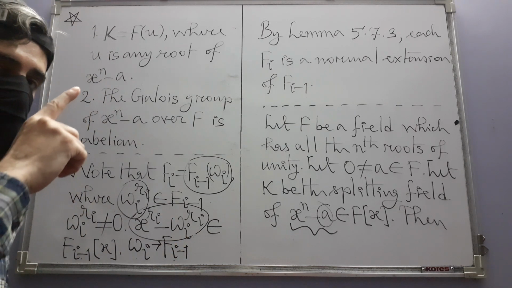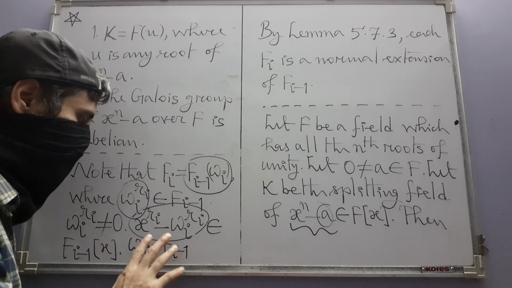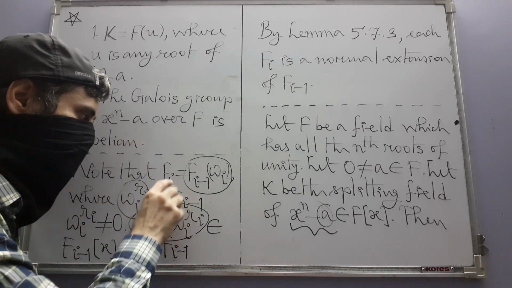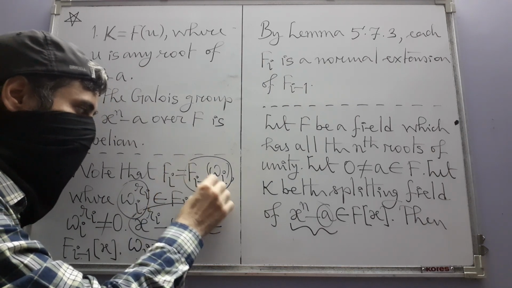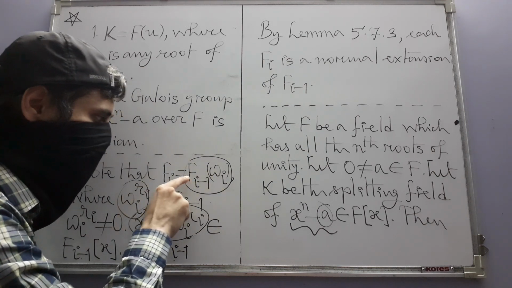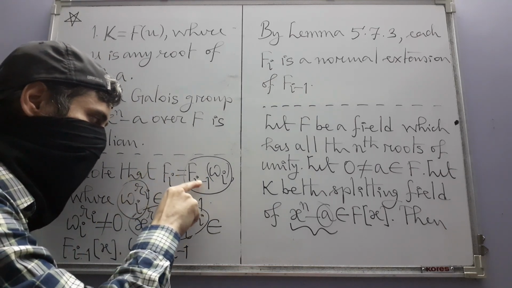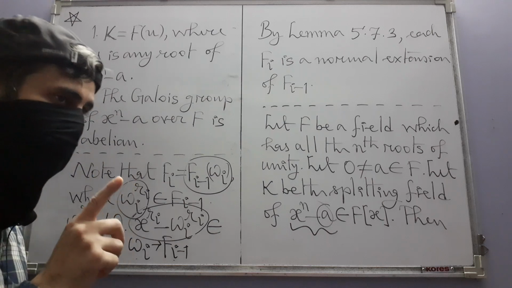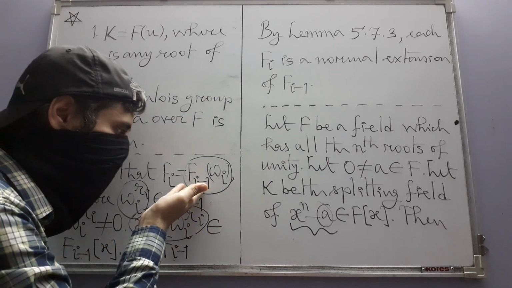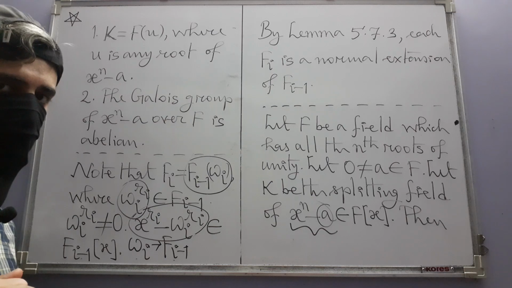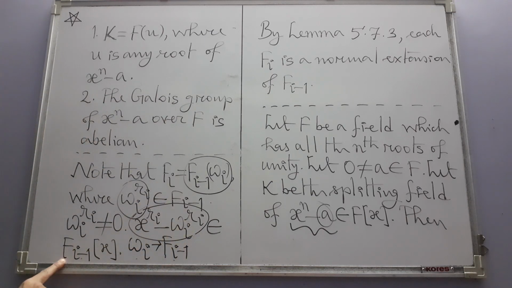But if you go back to a previous result, you will get this: a finite extension of a field is a normal extension if and only if it is the splitting field of some polynomial over the base field. F_i is a finite extension of F_{i-1}, and it is the splitting field of this polynomial over F_{i-1}.